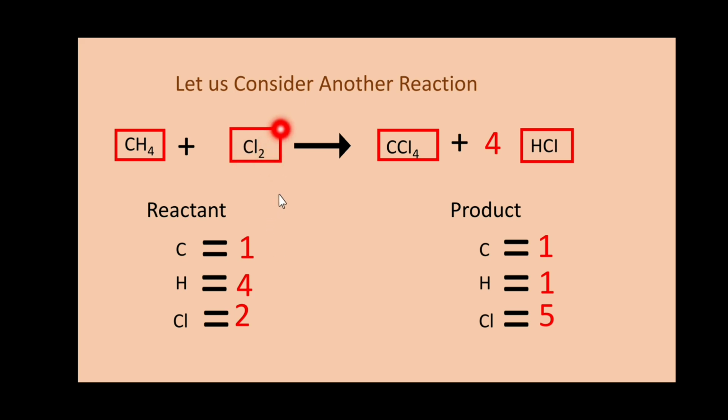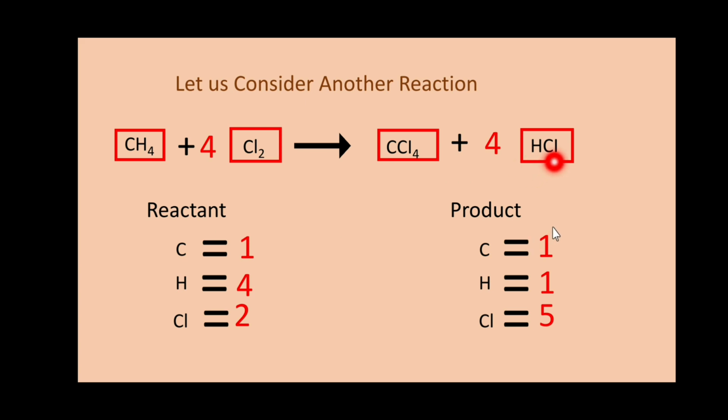To balance chlorine on both sides, we have to place 4 as a coefficient before chlorine. Now on both sides we will find 8 atoms of chlorine.